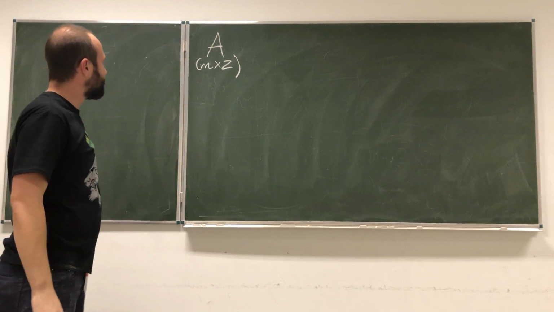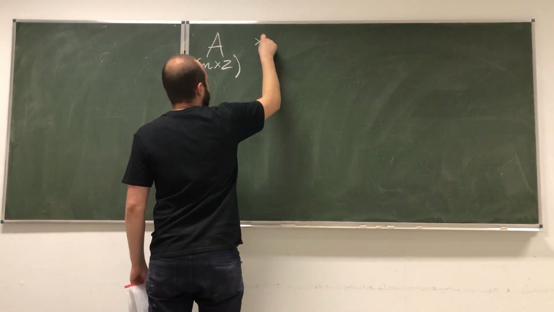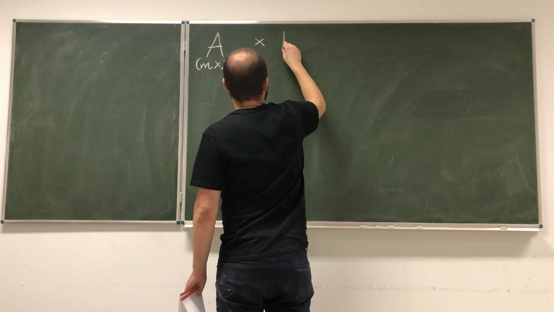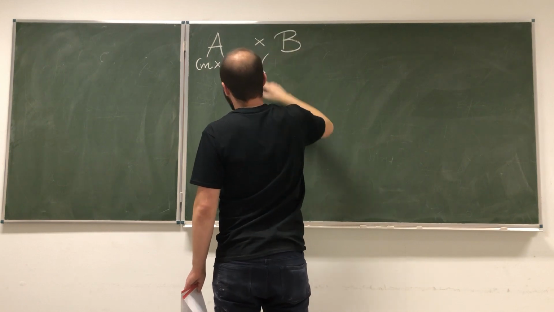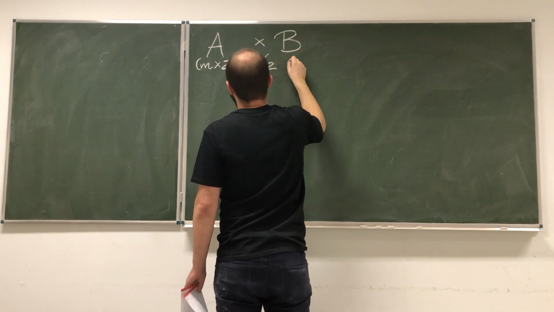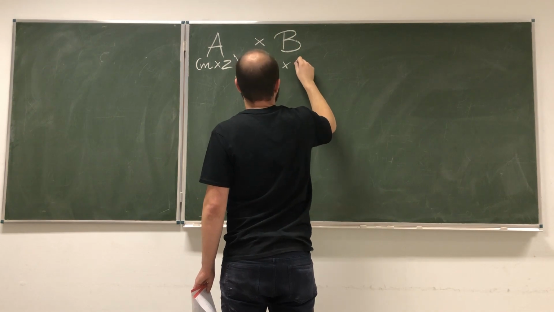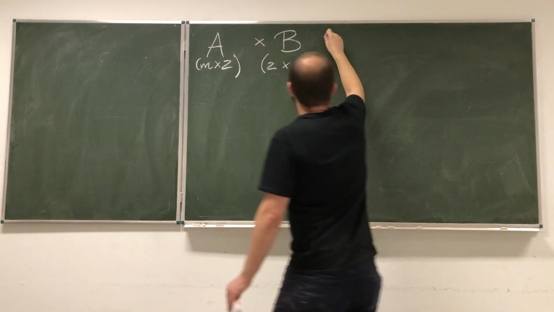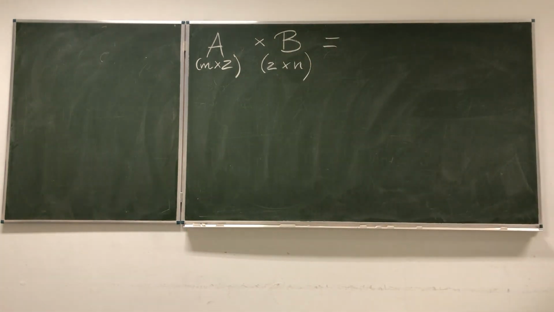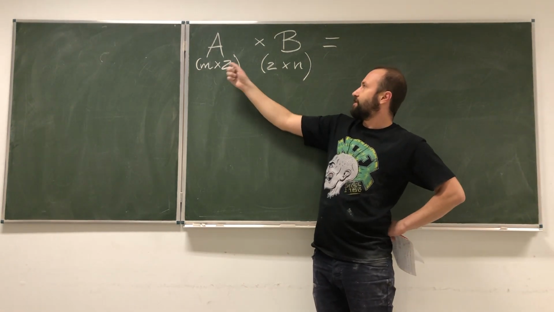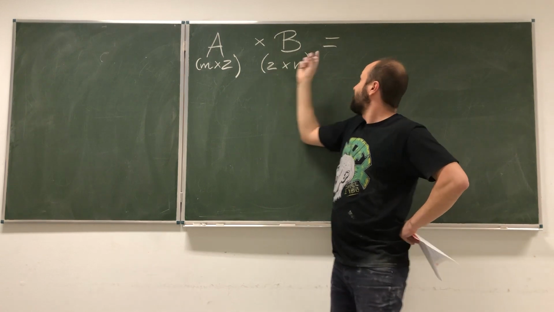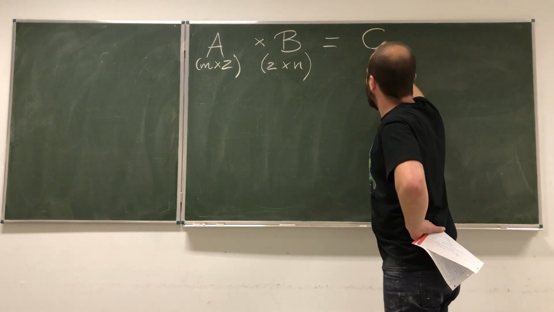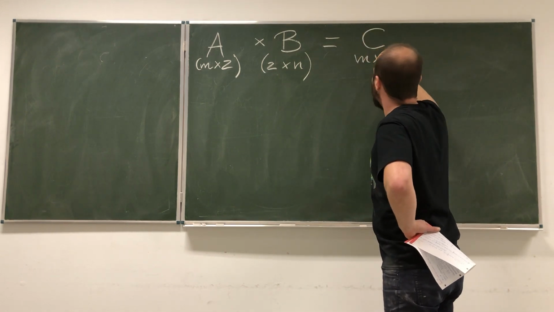And I need to multiply it by matrix B with dimension z by n. And of course, we know that we can multiply those matrices because the number of columns here is the same as the number of rows here. So we will get matrix C with dimension m by n.